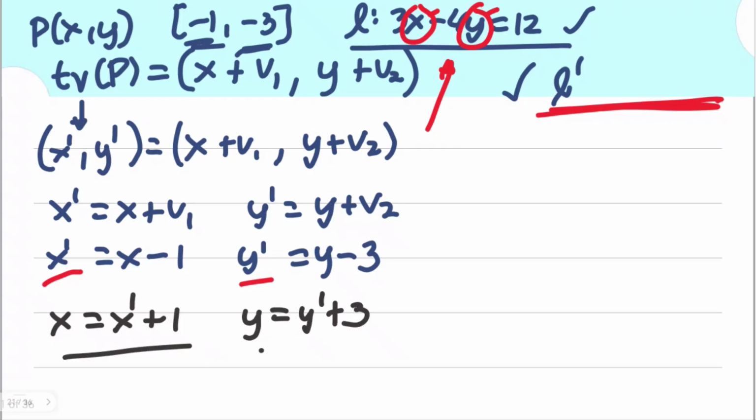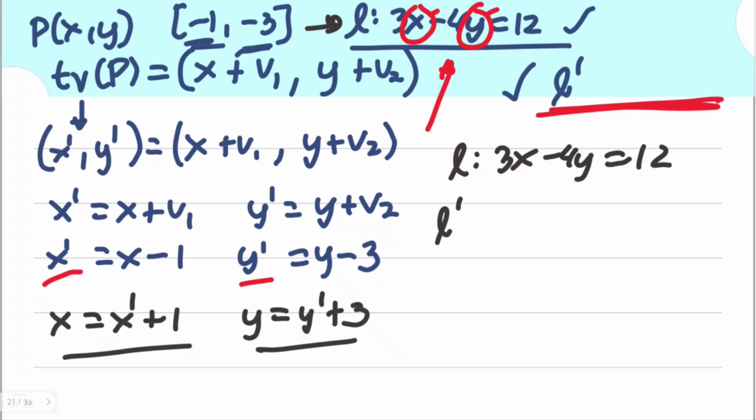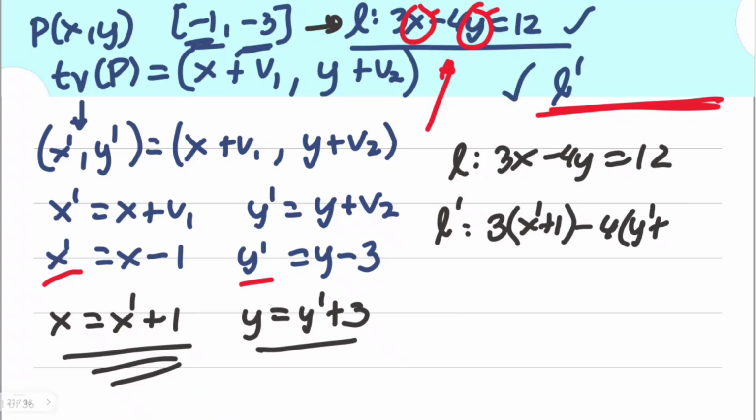With this now, substituting here, instead of 3x minus 4y is equal to 12, as we look for the equation of a line, which is the translated line of the given line using vector -1, -3, we're also going to use the prime. So instead of x, you will have x prime plus 1, as identified here, minus 4 times y prime plus 3, as identified here, is equal to 12.